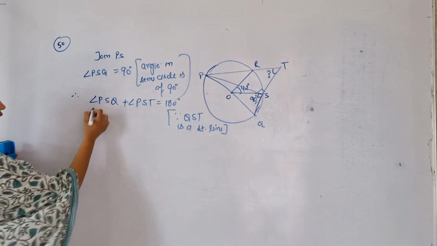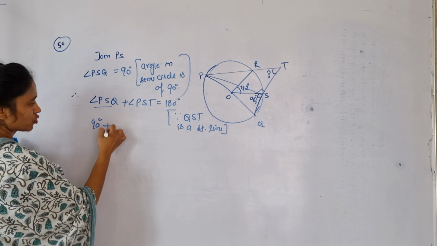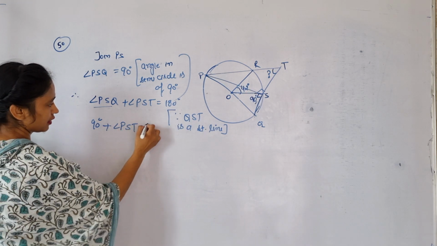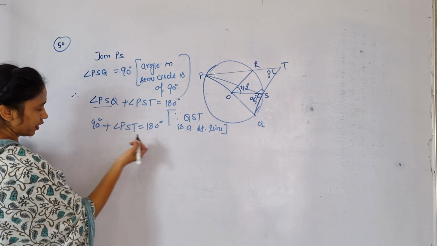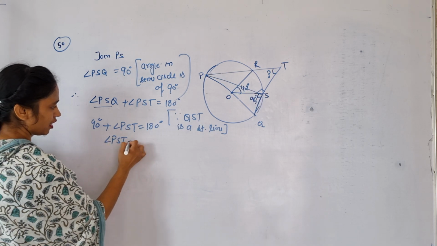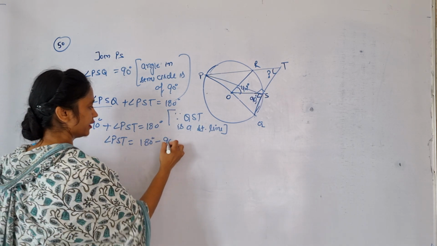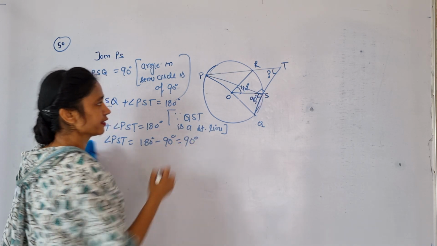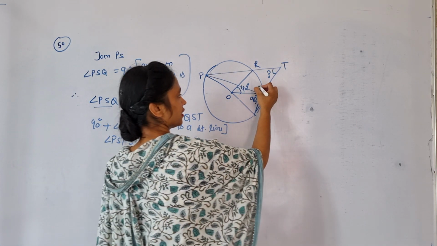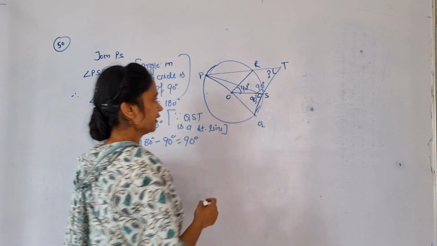So this is 90 degree, so the other angle will be 180 degree minus 90, that is 90 degree. Means this angle is of 90 degree.